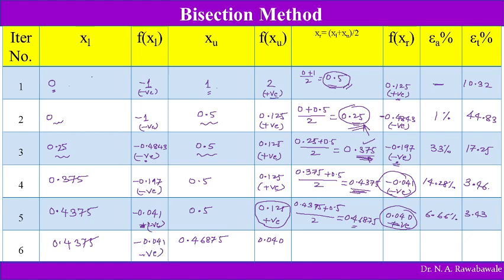So the old positive is replaced by the new positive. Now we take the average of these in the bisection method: 0.4375 plus 0.46875 divided by 2.